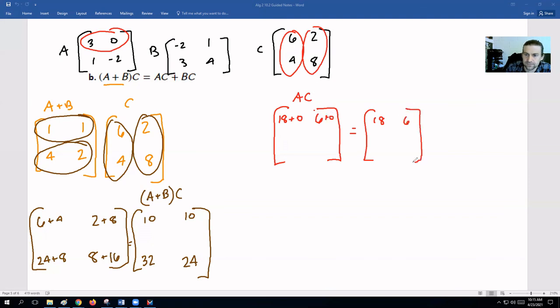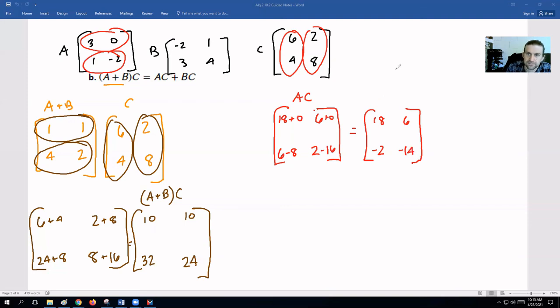That'd be 6. All right. Next, second row, first column. 1 times 6 is 6. Negative 2 times 4 is negative 8. 6 plus negative 8 is negative 2. And last one, 1 times 2 is 2. Negative 2 times 8 is negative 16. Add them together, that'd be negative 14.